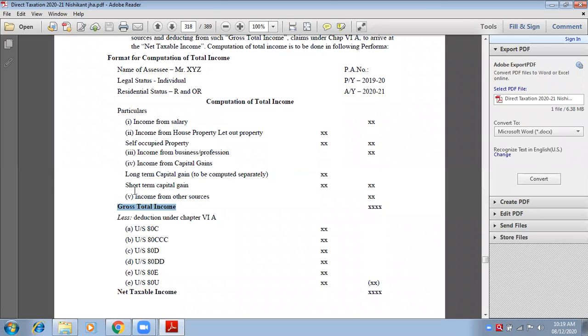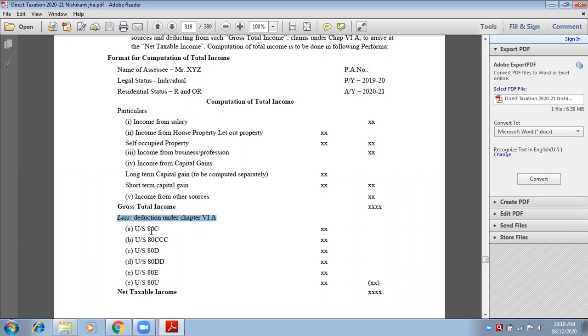Now, after gross total income, you have to deduct the deductions related to section 80 under chapter 6A. I already completed this chapter yesterday. We had done it separately. We have done it very nicely, and a whole chapter was done yesterday only. And you must be remembering 6 deductions were there.